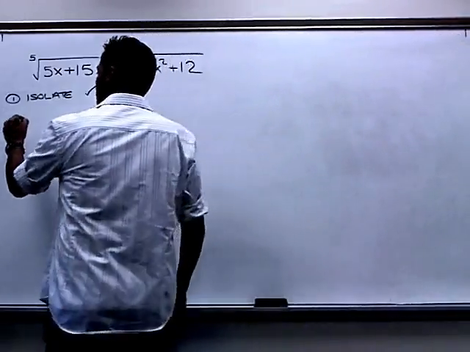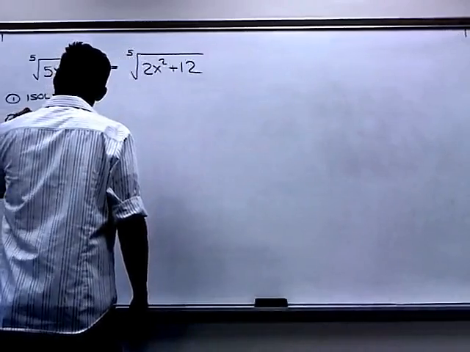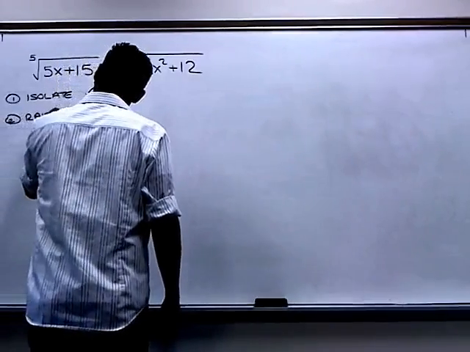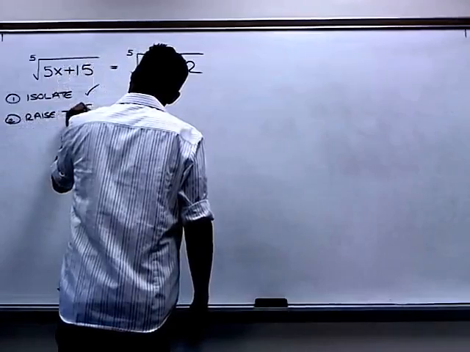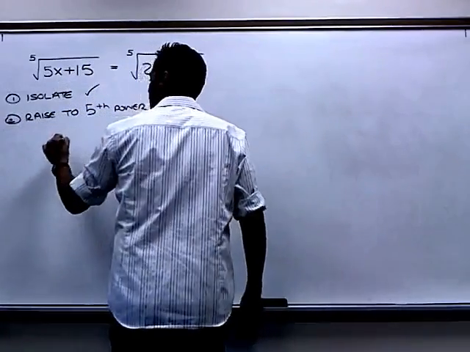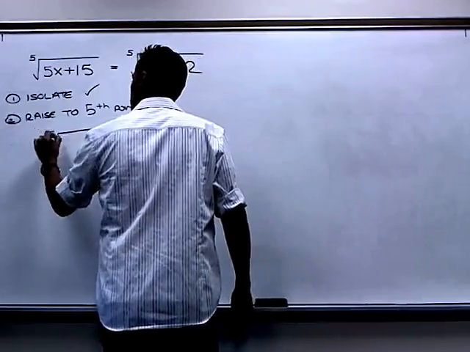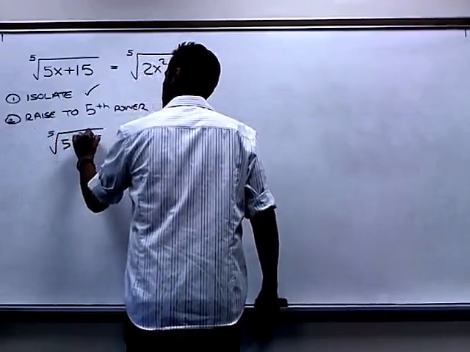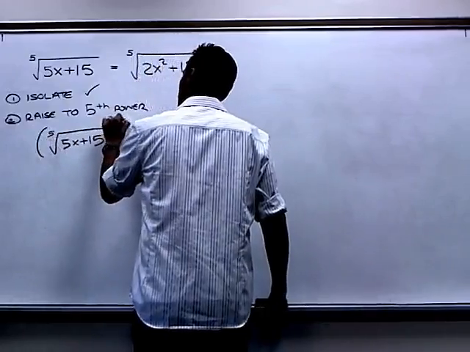So the second step is to raise both sides to the fifth power in this problem. On this side, I take the fifth root of 5x plus 15 and raise it to the fifth power.